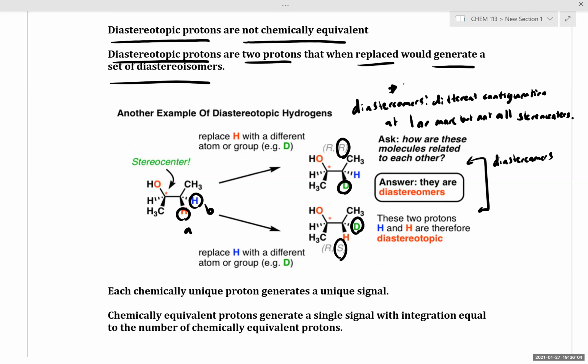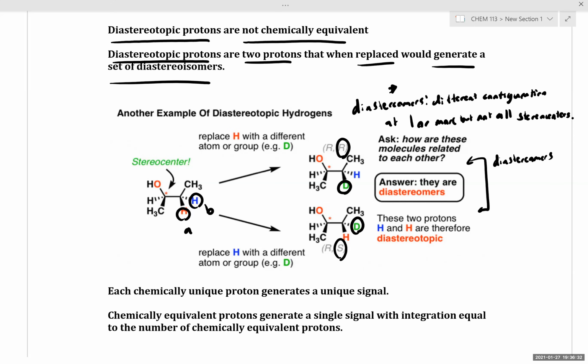Does that make sense? Professor, can you please clarify again on what you wrote, like different configuration at what? At one or more, but not all. Thank you so much. So essentially, if one or more of the stereocenters are different, but not all of them, then you have diastereomeric compounds. Does that make sense?